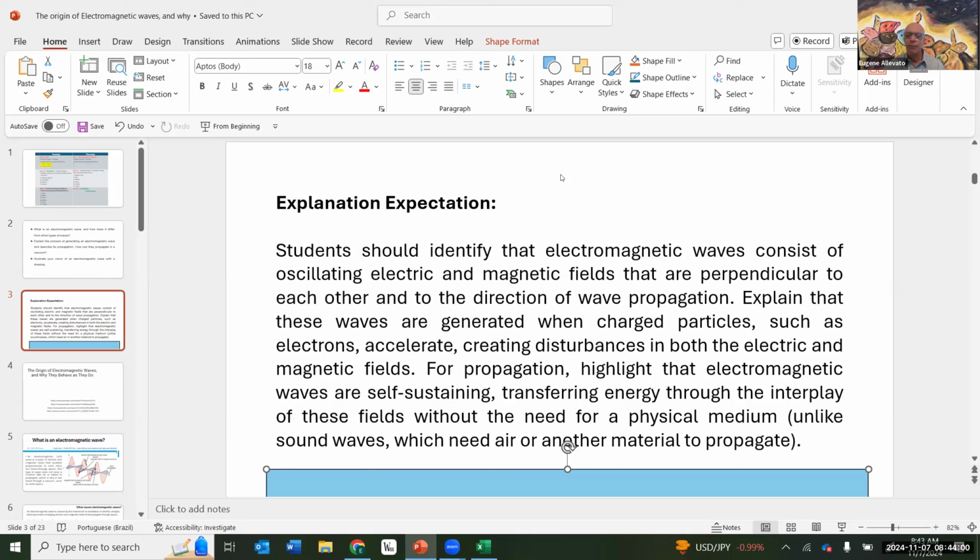So that means if the charge is moving up and down, the magnetic field created is going to be perpendicular to the motion of the charge going up and down. And that's how the electric field and the magnetic field are perpendicular. Okay.